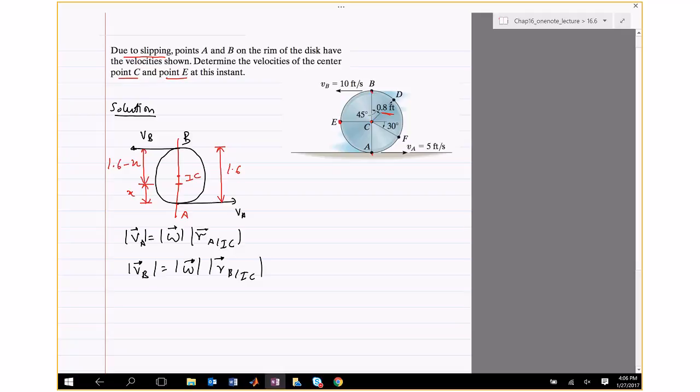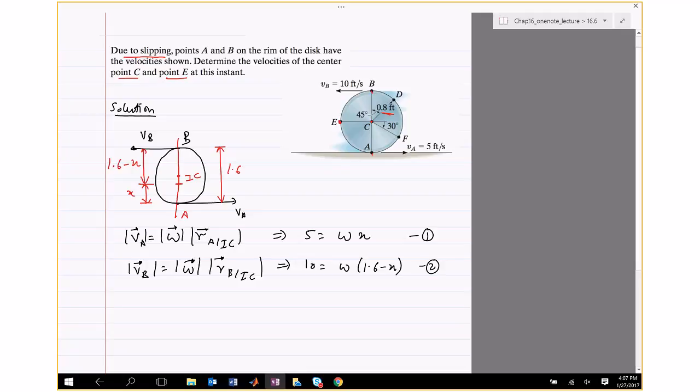So let us find the velocities of the two points. Velocity of A is 5, angular speed is unknown, and the distance from A to IC is x. Similarly, velocity of B is 10, the angular speed is unknown, and the distance from IC to B is, as we've written there, 1.6 minus x. So we have two equations and two unknowns, so we should be able to solve it.